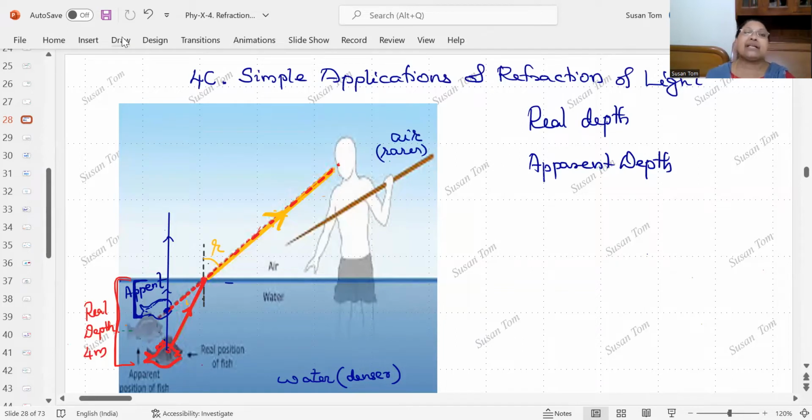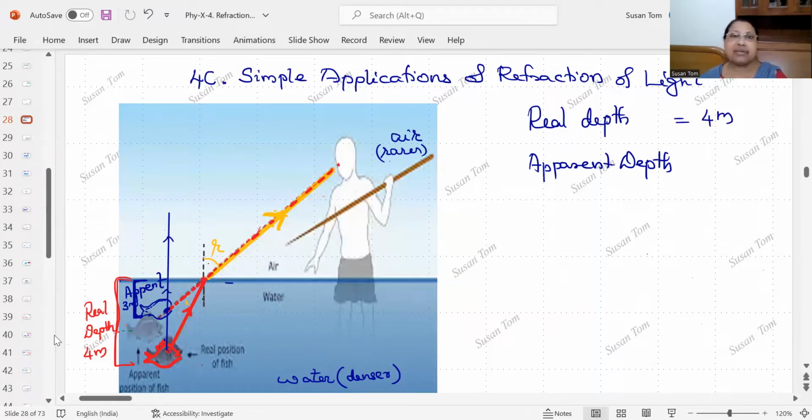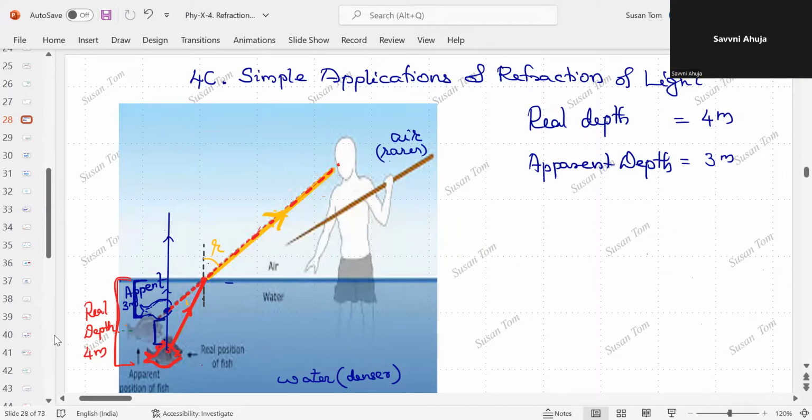And the apparent depth, definitely, is less than that, children. Suppose you consider this is 3 meters. If the real depth is 4 meters from the surface and the apparent depth is seen to be 3 meters, we can say a shift occurred from the actual position to the observable or apparent position. So this distance between the real depth and the apparent depth is what is called shift.